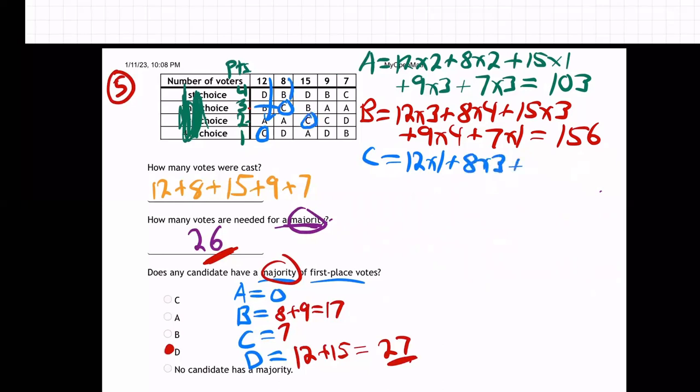And C's here. 15 people gave C 2 points. And C's here. 9 people gave C 2 points. And C's here. 7 people gave C 4 points. Add all that up on your calculator. I'm getting 112. And finally, D.